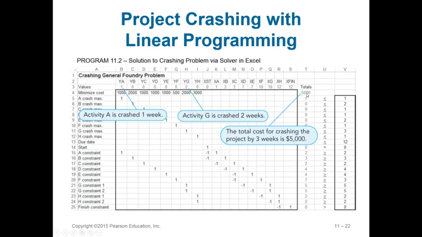It comes out that your cost is going to be $5,000 to crash the project by 3 weeks, and that's the best process that you can do. You're going to do that by crashing G for 2 weeks and A for 1 week, and it's going to cost you $5,000, but that's the cheapest way to stay on the proper critical path.